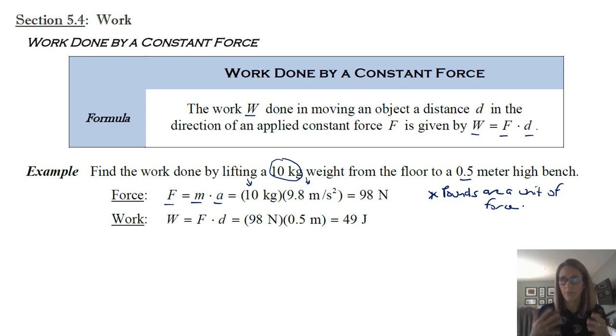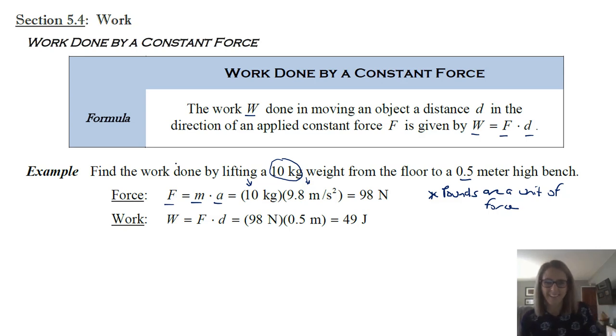Another example of that is, if you were to go to Mars, for example, however much you weigh here is different than how much you weigh on Mars. However, your mass is the same.